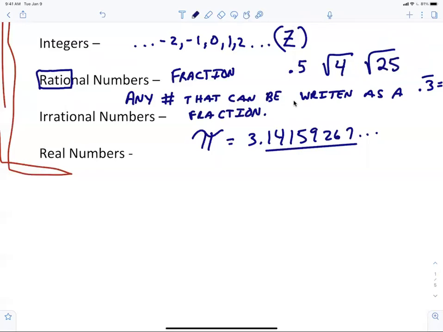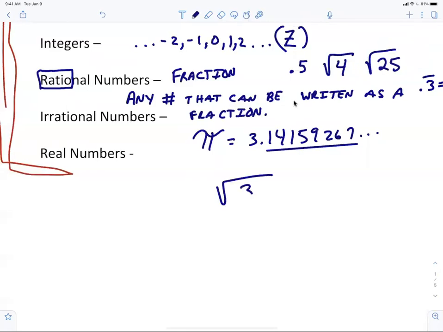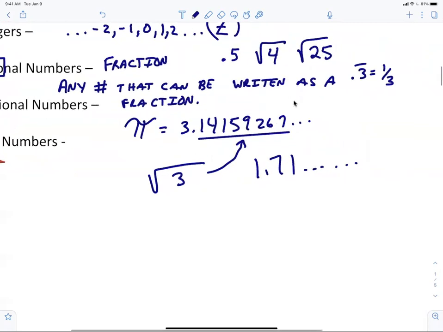Now I'm going to ask you about this number, square root of 3. That's not a perfect square. So that's in the category of an irrational number, because the square root of 3 is like 1.73 and then it just goes on and it doesn't repeat. And then there's one really famous number, Euler's number, E. You haven't learned about that yet.